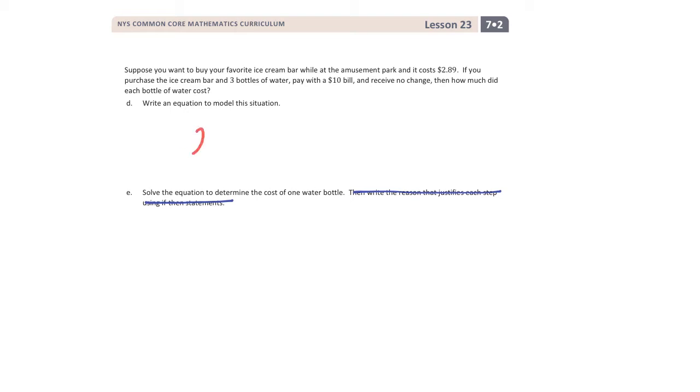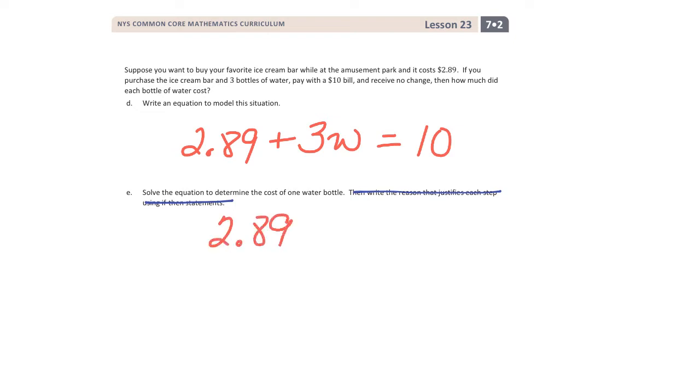So I spent $2.89 on an ice cream bar, and I bought 3 bottles of water, and my total was 10. So I've set up my equation. Now we're going to use our equation to determine the cost of 1 bottle of water.